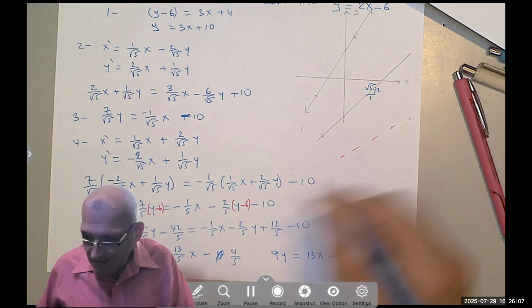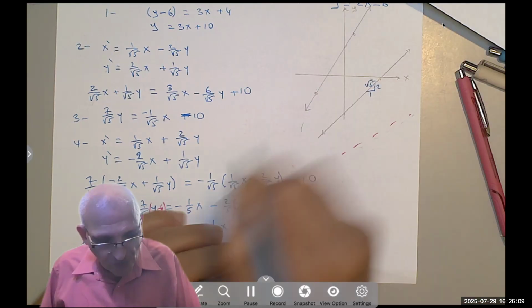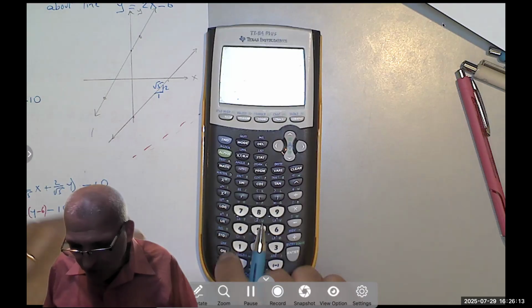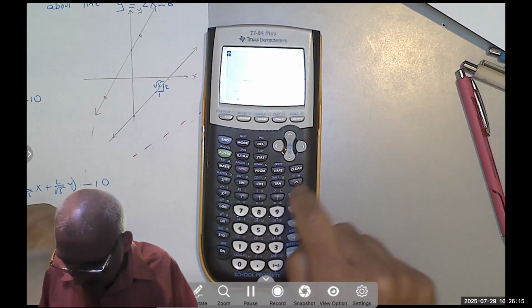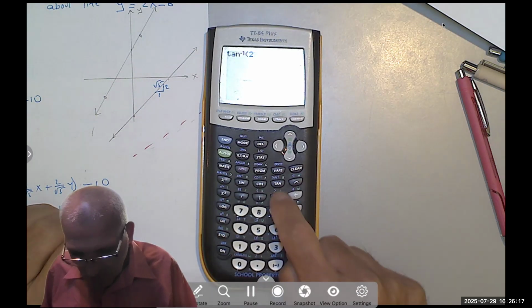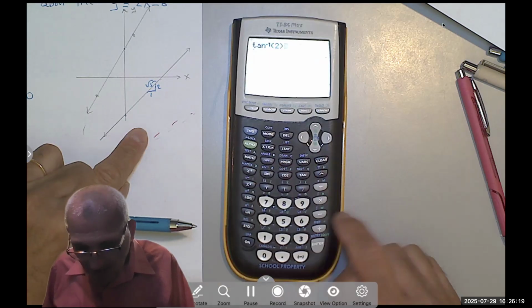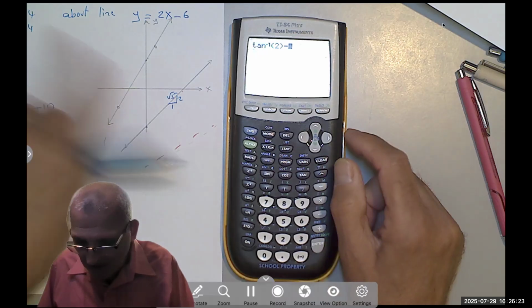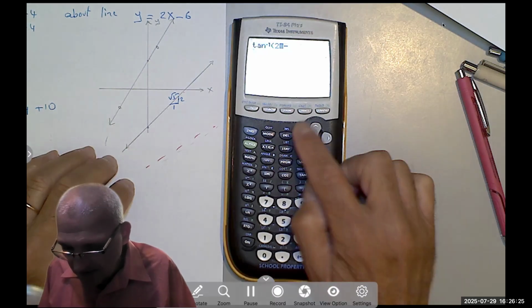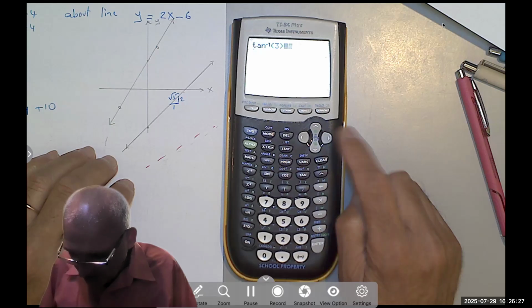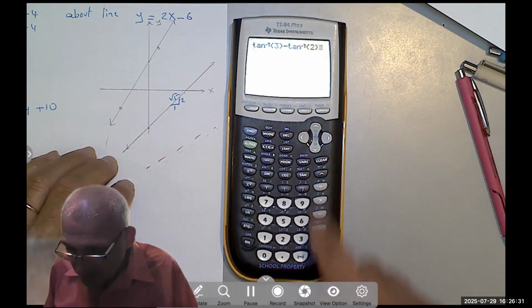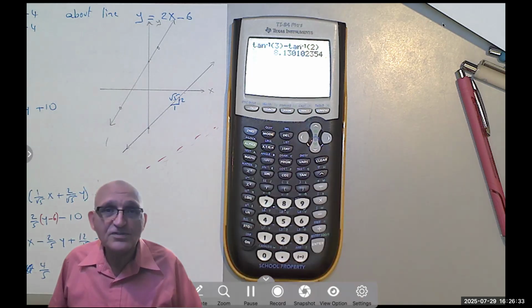Meaning, this line has a slope of 2, so you can find the angle, which is arctan 2. I'm sorry, arctan 3 minus arctan 2, right? This is the angle between these two lines. It's 8.13 degrees.